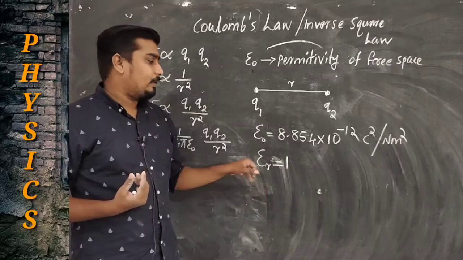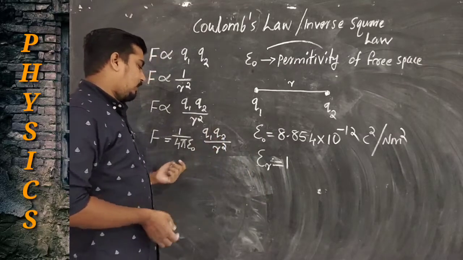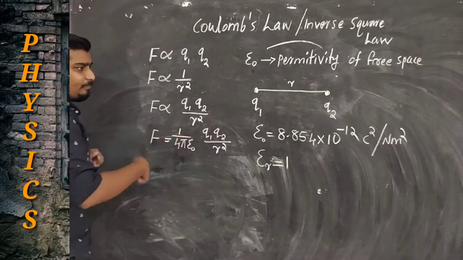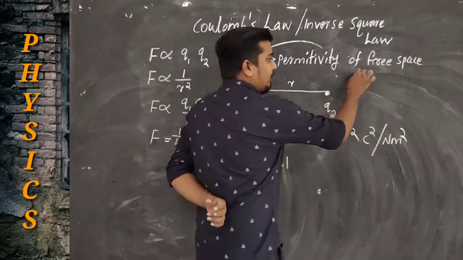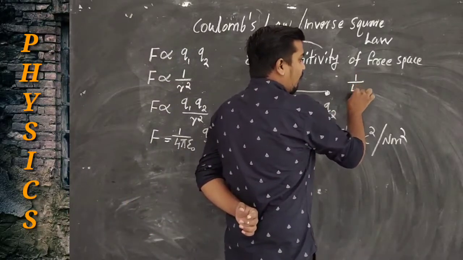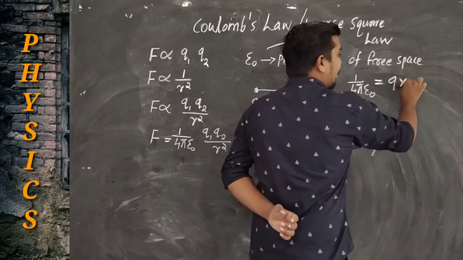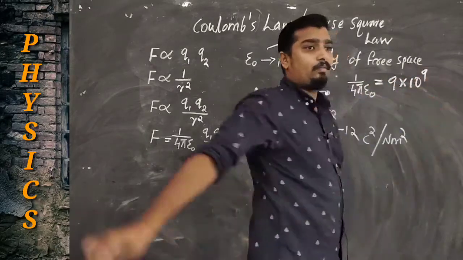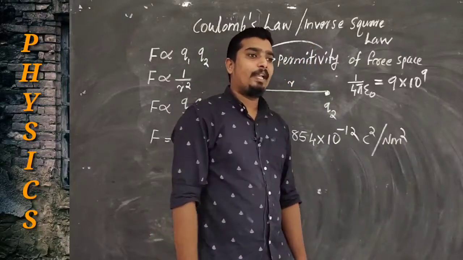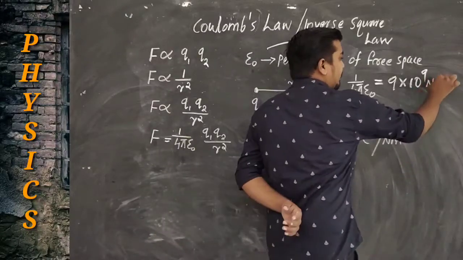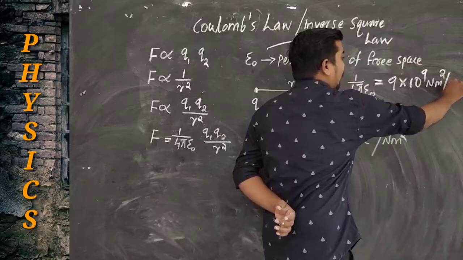Clear? Now the value of 1 by 4 pi epsilon 0 is 9 into 10 raised to 9 Newton meter square per Coulomb square.